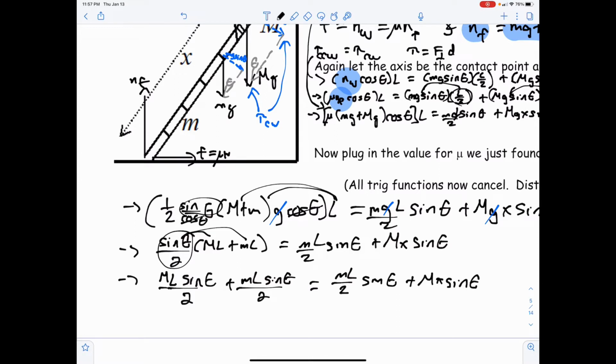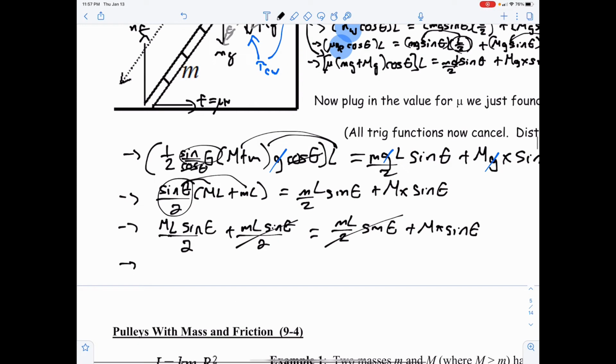Now this is helpful because you can see those two are exactly the same and they cancel, which is really nice. So now I'm left with big ML sine theta over 2 equals big Mx sine theta. Well, you can see masses cancel, sine thetas cancel. What does that tell you? x is equal to L over 2.